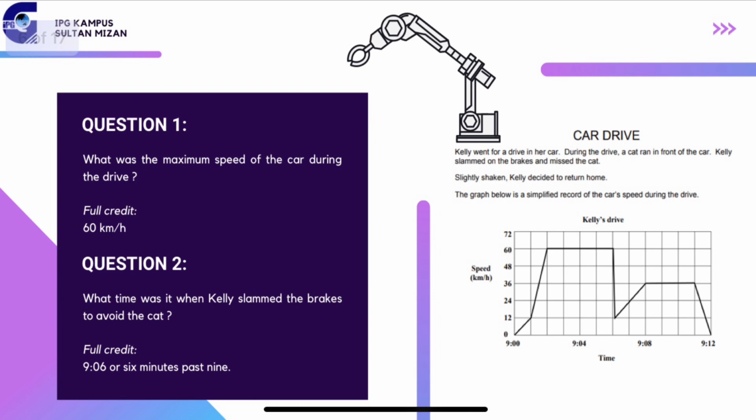As for question 2, the problem is to find the time when Kelly slammed the brakes to avoid the cat. From this question, we need to understand that Kelly's car had a sudden deceleration. Deceleration is represented by a negative slope on the graph.